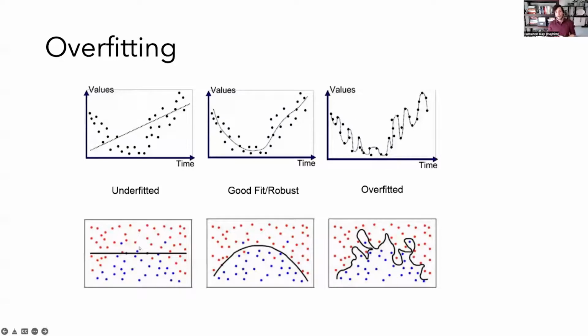And then we can also have an overfit model. In this case, we are capturing not only the underlying relationship, but also nearly all of the little variations, all of the idiosyncrasies in our data set. Essentially the problem here is that we are predicting noise in our data set.